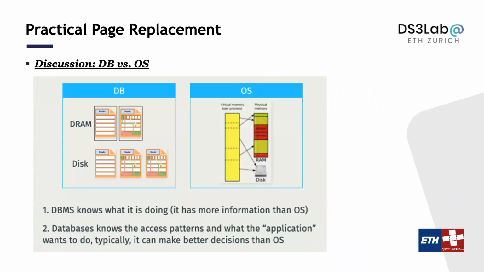So there's one discussion that always comes back to us, that is the difference between the database and the operating system. Because as you can see, inside the database, we are building some functionalities that you already have inside your operating system. Whenever we get back to this question, the answer always follows a very similar principle.